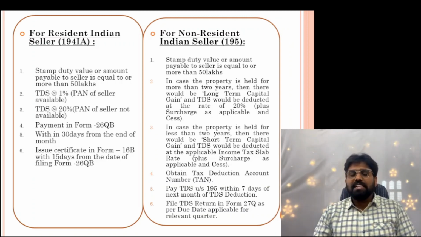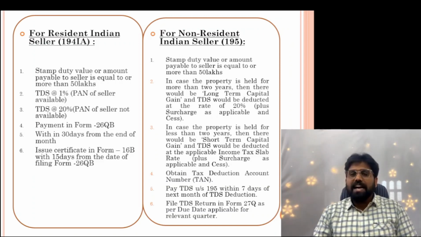The first condition, that is the stamp duty value or the sale consideration is more than or equal to 50 lakhs, then the buyer has to look into the holding period of the property by the seller.